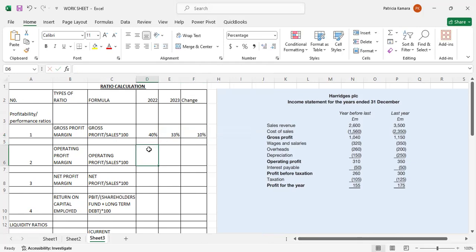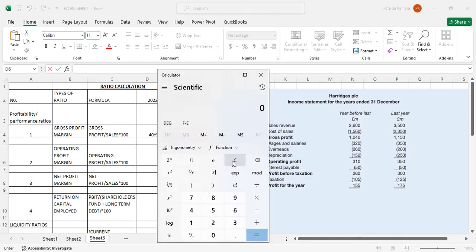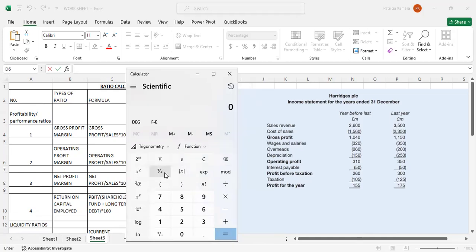I'm going to solve about 3, then you continue with the others in terms of profitability ratios. So here we've been told operating profit margin. We'll just go into our financial statement and locate what our operating profit is. So in this instance, in 2022, the operating profit is the same as profit before interest and tax.